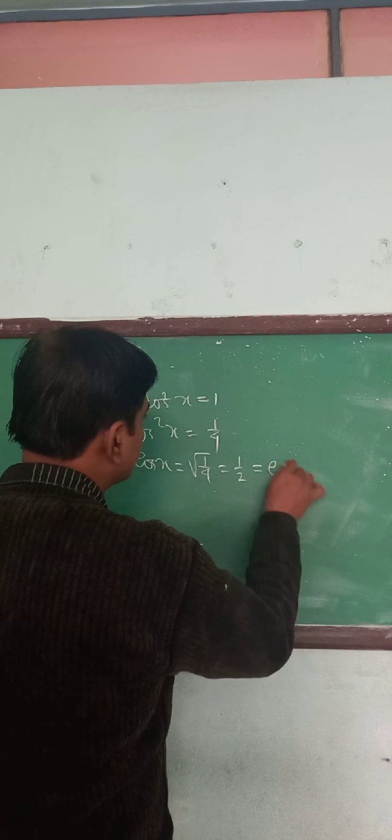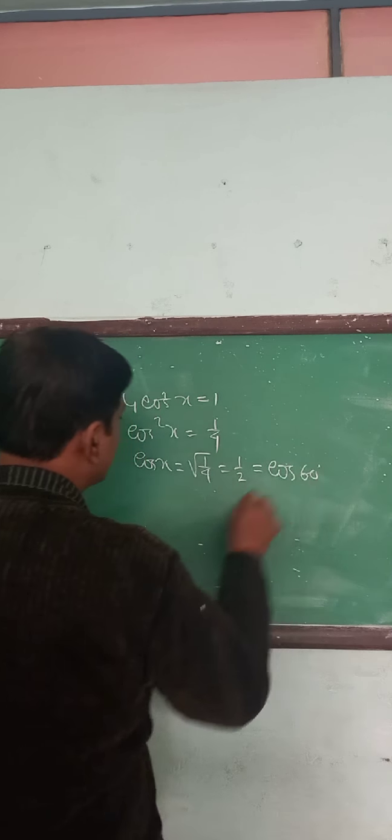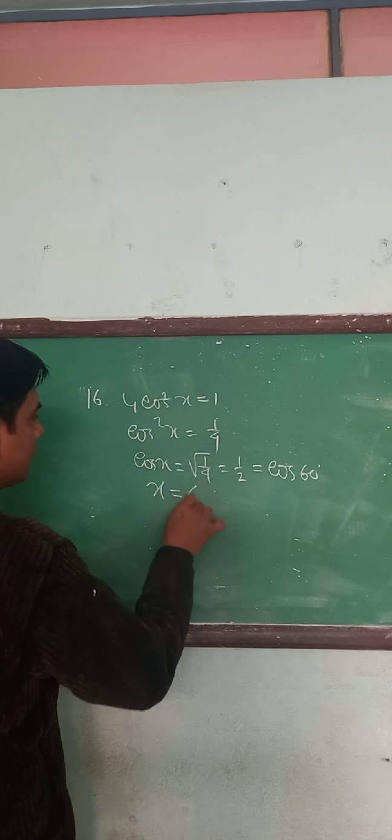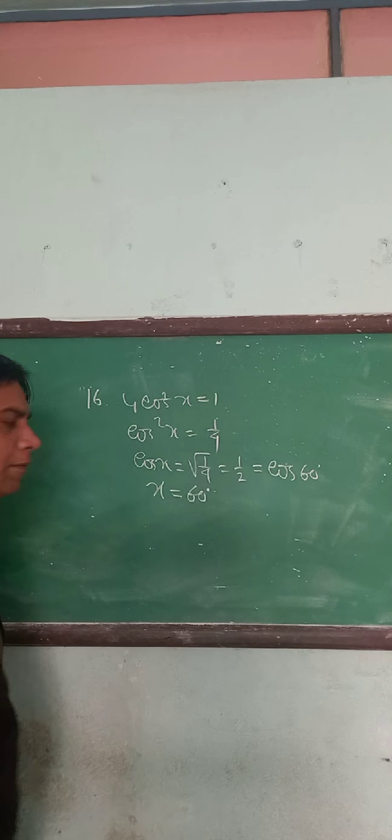Root of 1 by 4 means half, and half is cos 60 degree. So if you cancel cos, the x value is 60 degree. So the x value is 60 degree.